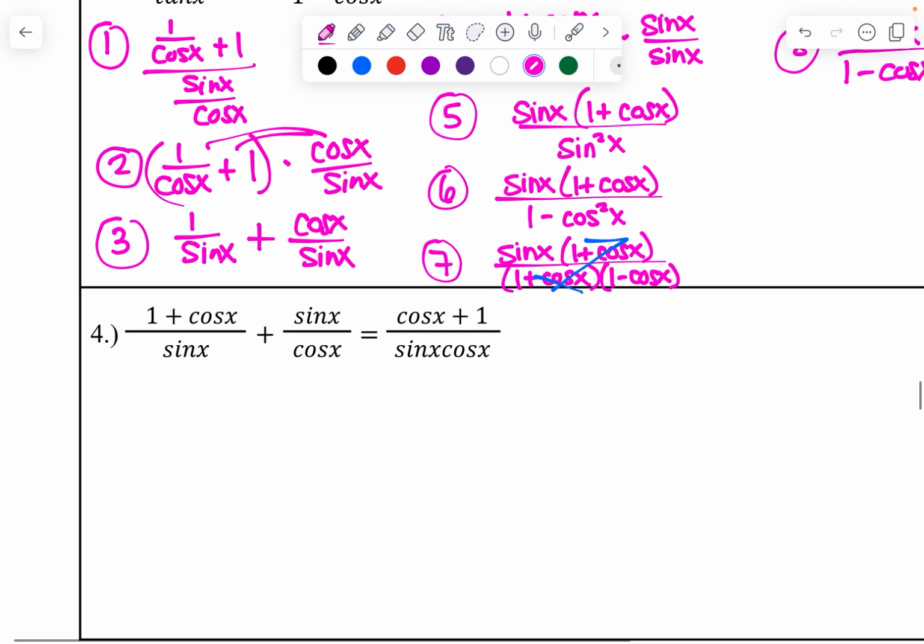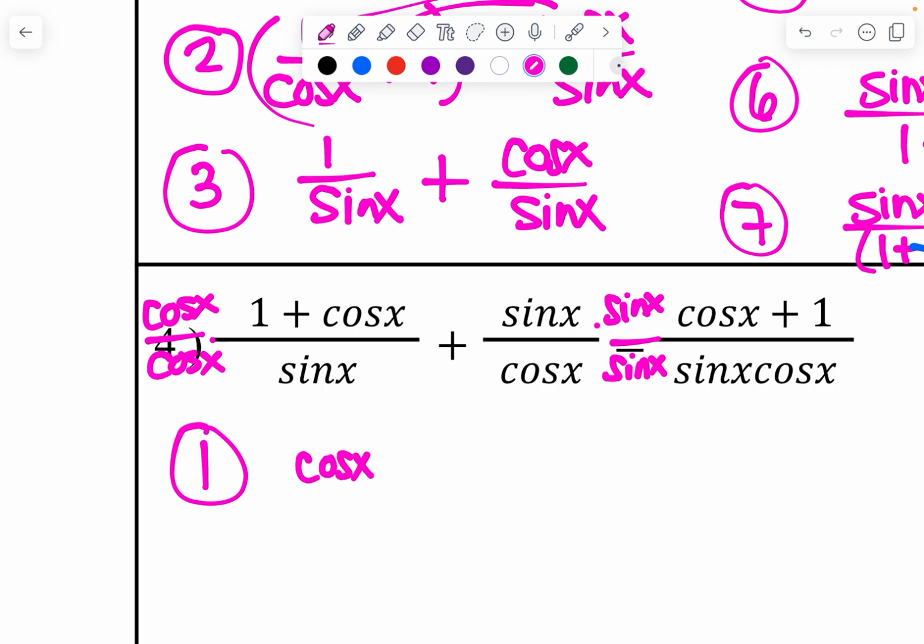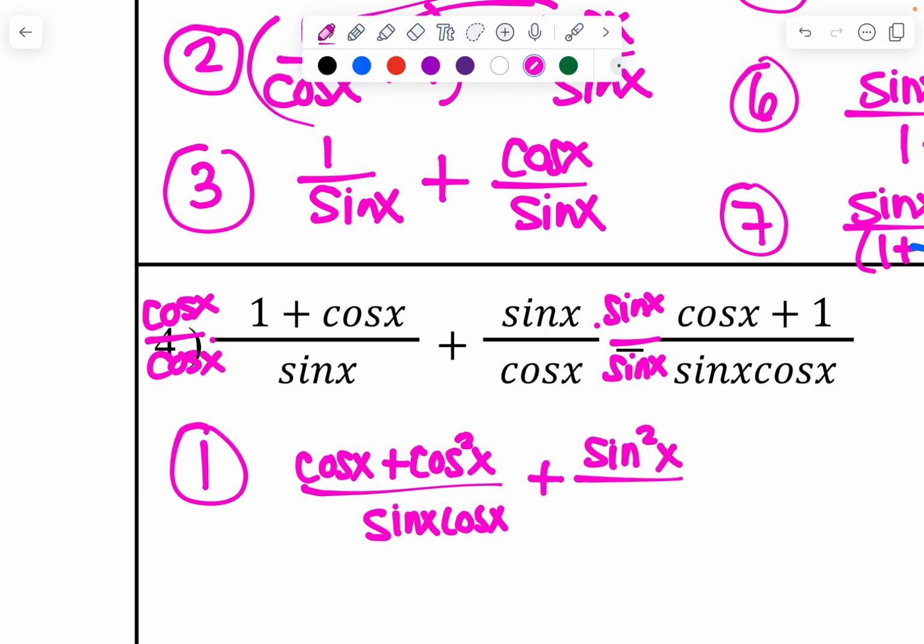All right, so I think on this one we're going to go ahead and get a common denominator to put these together. So I'm going to multiply this one by cosine of x over cosine of x, and this one by sine of x over sine of x. So we would have cosine of x plus cosine squared of x over sine of x cosine of x, plus sine squared of x over sine of x cosine of x.